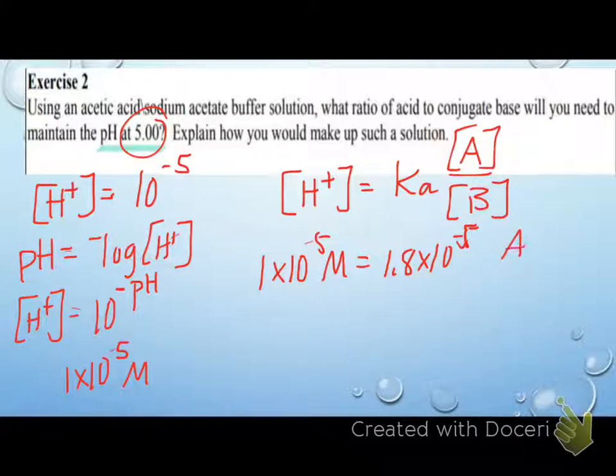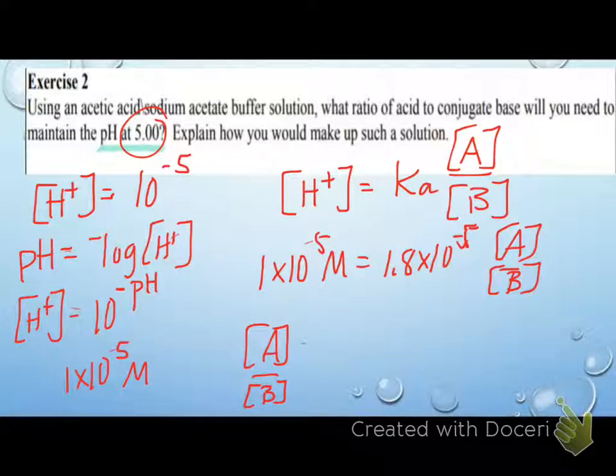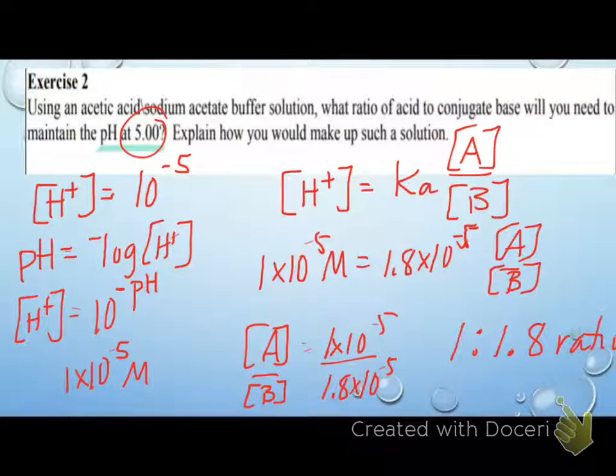And then we have our ratio over here. So our ratio is 1 times 10 to the negative 5 over 1.8 times 10 to the negative 5. So that would be our ratio.